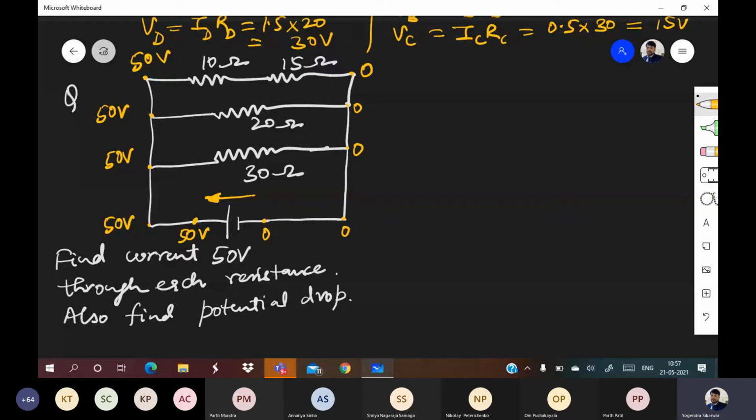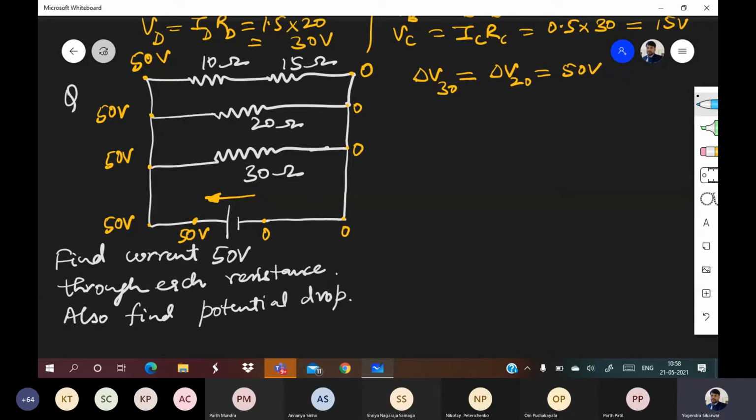Okay, so what we are realizing here is that delta V across 30 and delta V across 20 is equal to 50 volt, right? Now pay attention further.